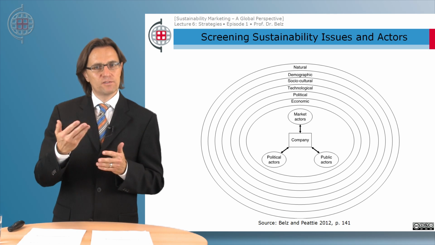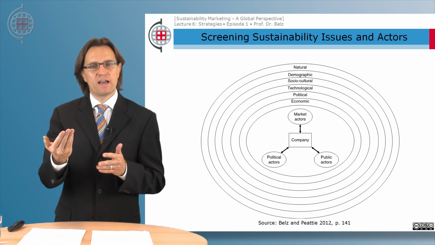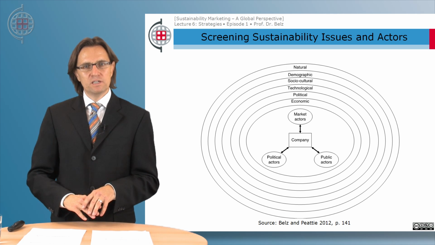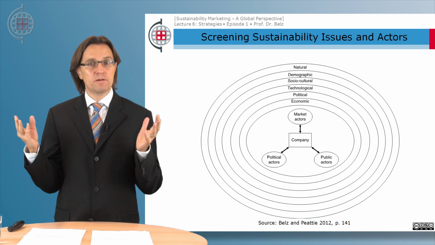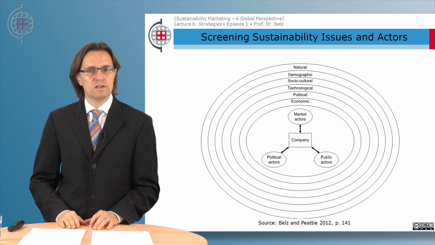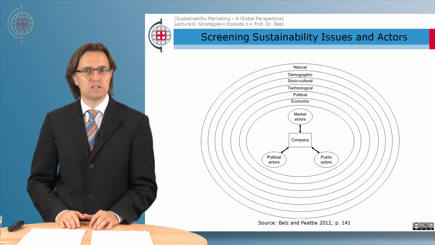The different kinds of stakeholders the company interacts with. And then you see the broader picture, the macro environment, including the natural, demographic, socio-cultural, technological, political, and economic environments.